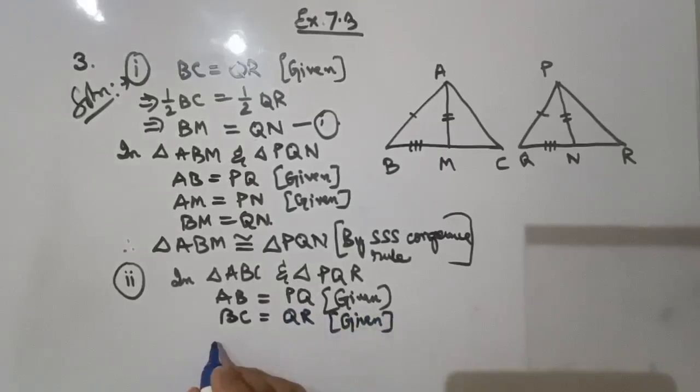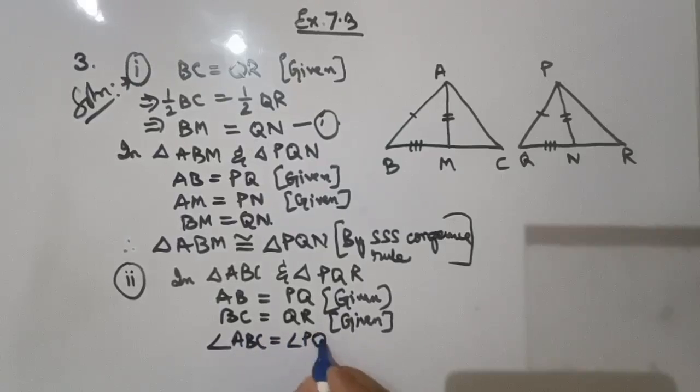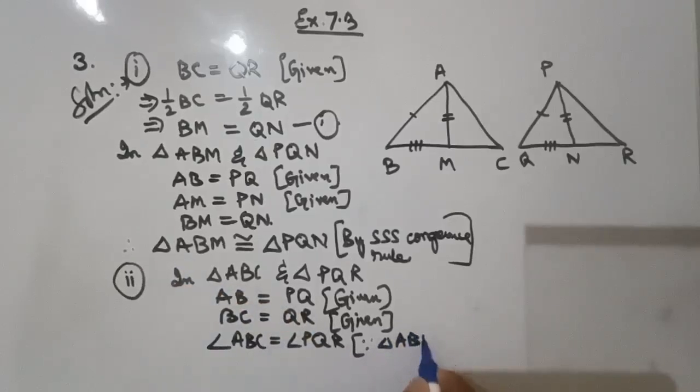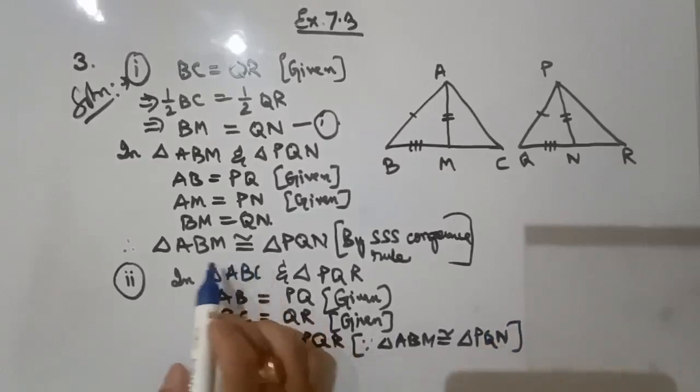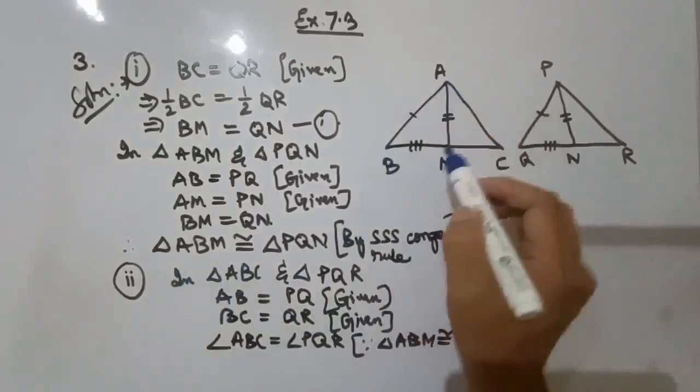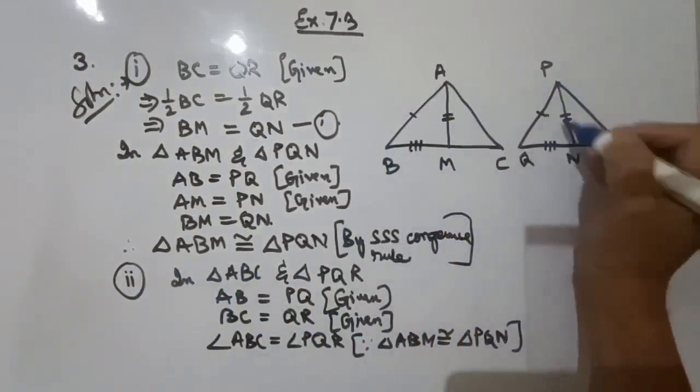And then angle ABC equal to angle PQR, because we have proved that triangle ABM is congruent to triangle PQN.